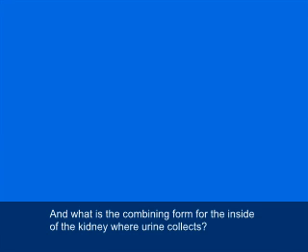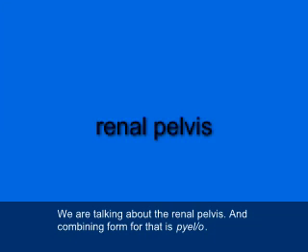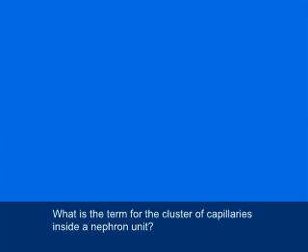And what is the combining form for the inside of a kidney where the urine collects? Well, we're talking about the renal pelvis here, and the combining form for that is pyelo, PYEL/O. And what is the term for the cluster of capillaries inside a nephron unit?